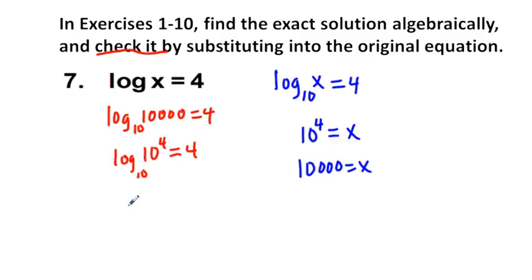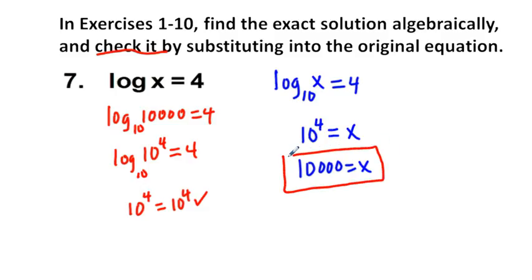Well, that would be 10 to the power of what equals 10 to the fourth power? Well, 10 to the power of 4 equals 10 to the fourth power. So they equal each other, so check. So we're sure that 10,000 is our correct value for x.